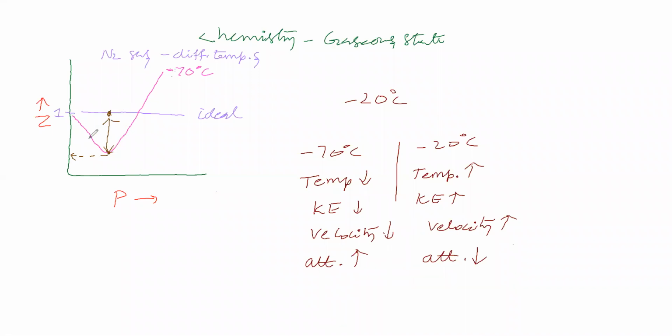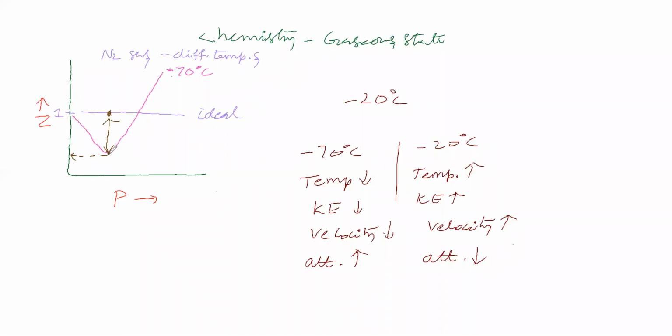So if this dip magnitude is changing, we can say the magnitude of attractive force is also changing. If the dip is more, can we say the magnitude of attractive force is maximum? If the dip magnitude is high, the magnitude of attractive force is also high, we can say. Sir, in this graph, at which point is the magnitude of attractive force higher, maximum?